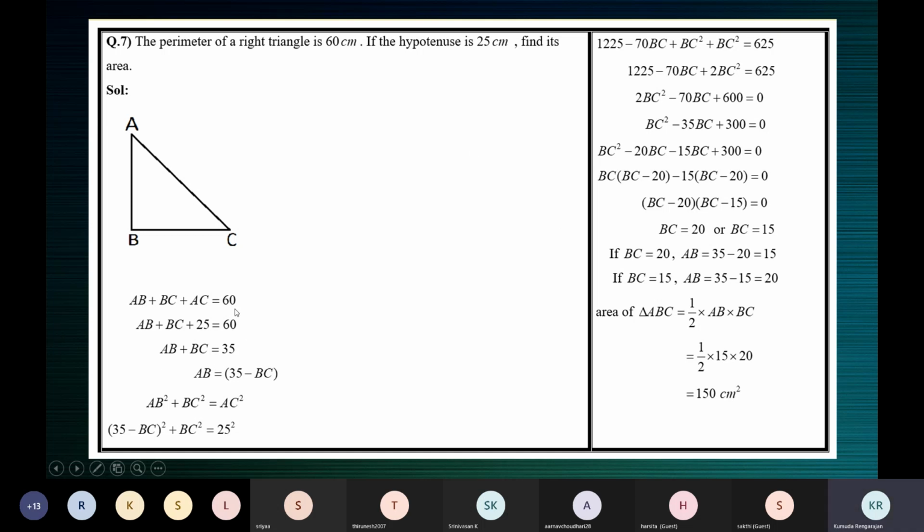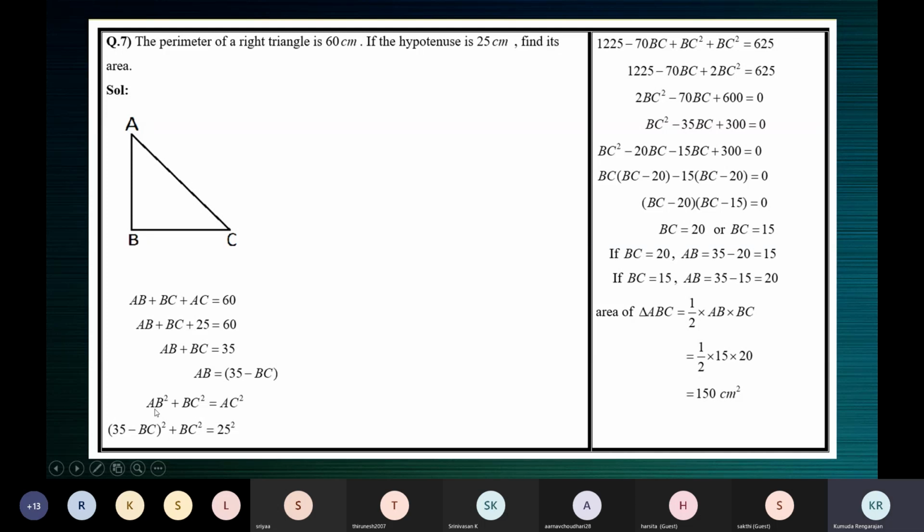First use perimeter. Sum of the three sides is equal to 60. Perimeter is 60, one side is given 25, so you get the sum of the remaining two sides. Now write AB is equal to 35 minus BC, or BC is equal to 35 minus AB. Now assumptions are over, because BC is BC, like x, the other one is 35 minus BC, and the third side AC is 25.